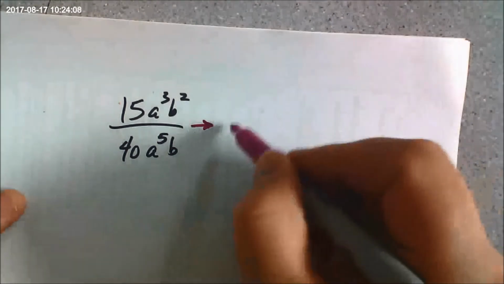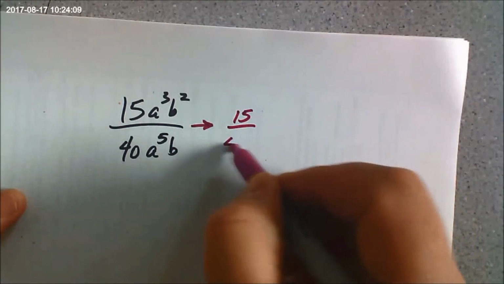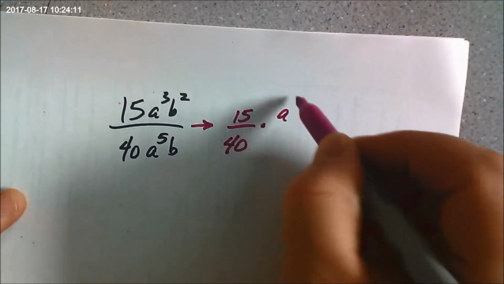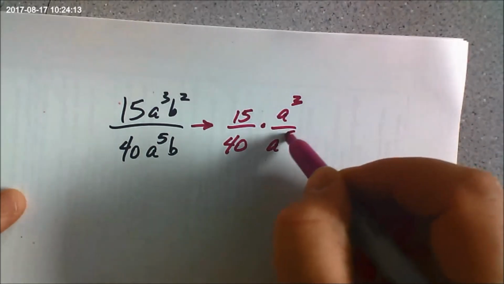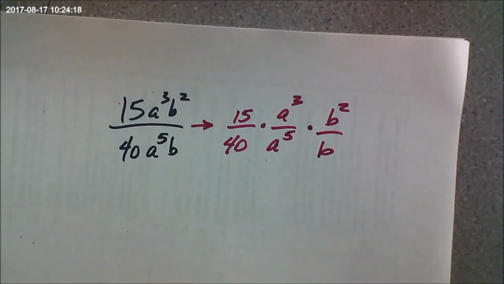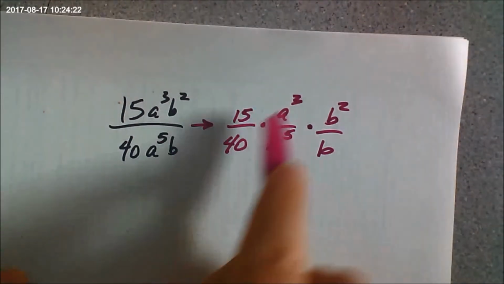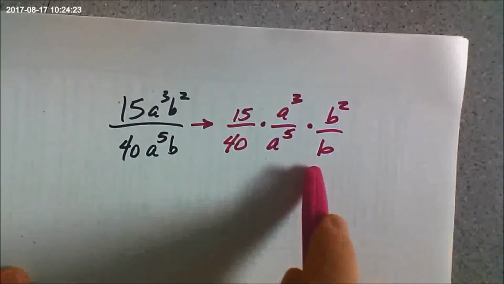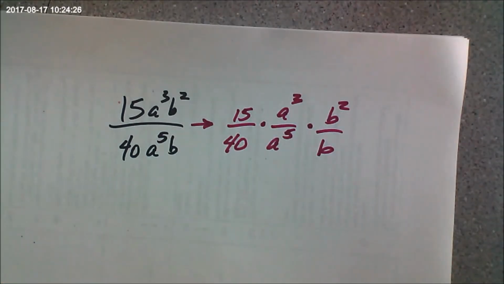This is really 15 over 40 times a cubed over a to the 5th times b squared over b. If you break it apart so that the a's are in one fraction and the b's are in another, they're all multiplying, right? Is that okay, what I did right there? Do you see why I did that? Now, I don't actually usually write it like that.